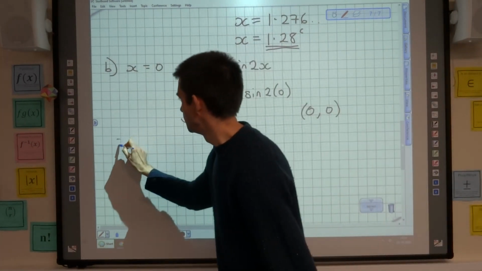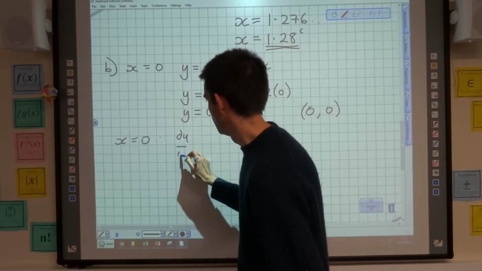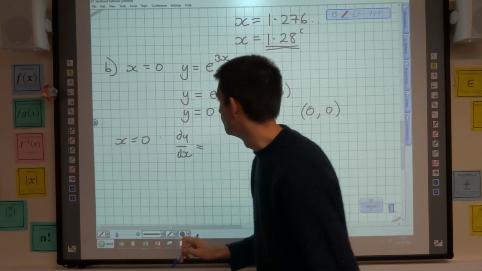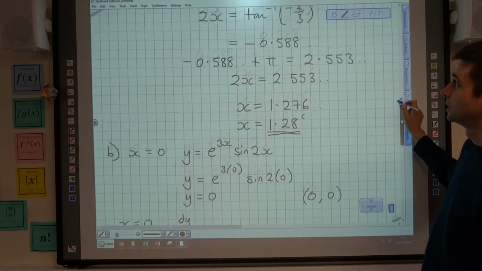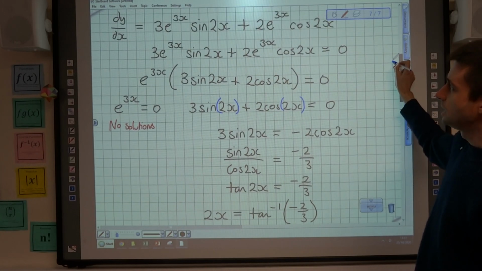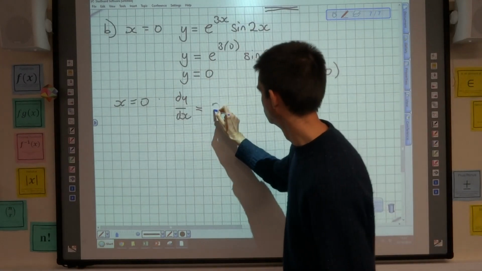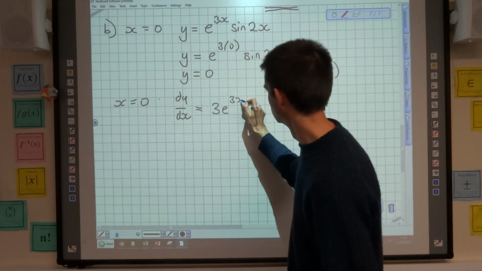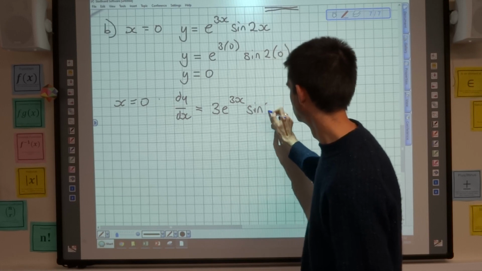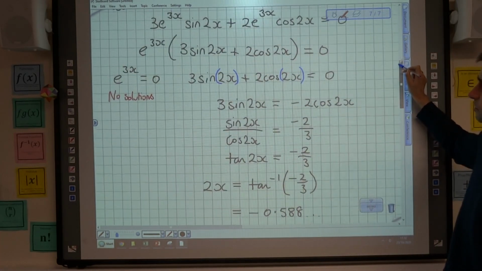The other thing I need is the gradient, so I'm going to substitute x equals 0 into my expression for dy dx. I'll just remind myself what that was. 3e to the 3x sine 2x plus 2e to the 3x cos 2x if memory serves.